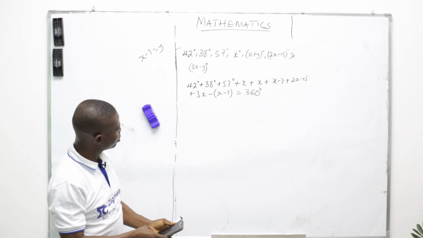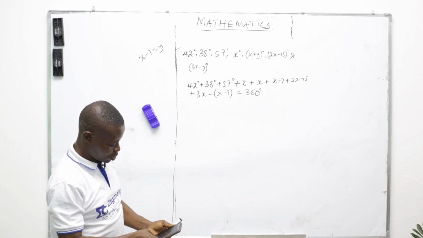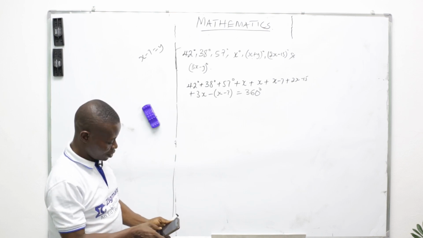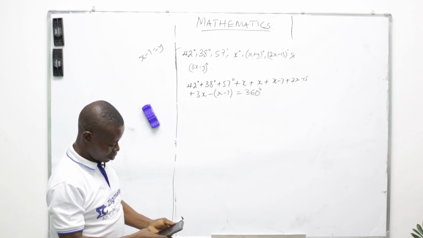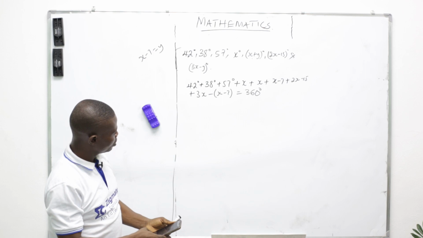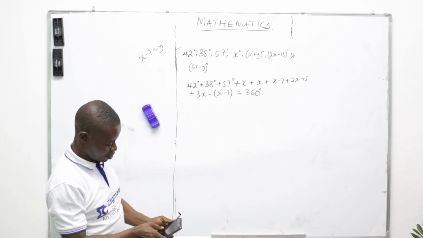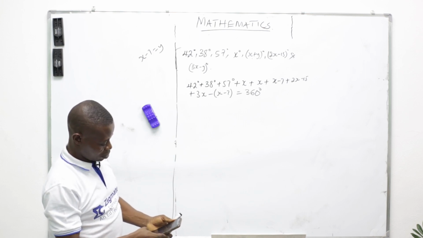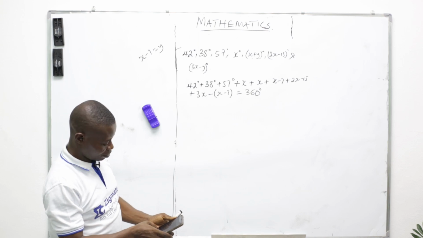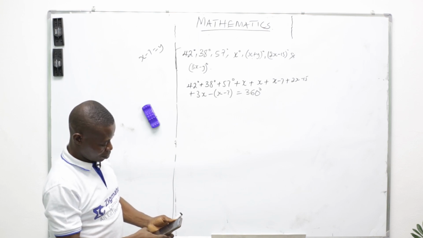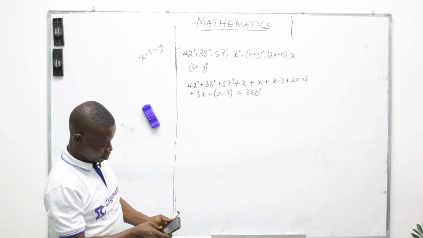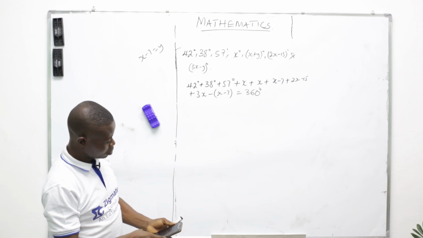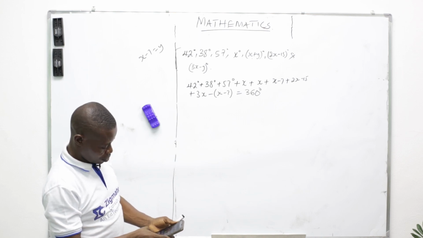42 plus 38 plus 57 equals this, minus 7, minus 15, plus 7, which is 122 degrees.